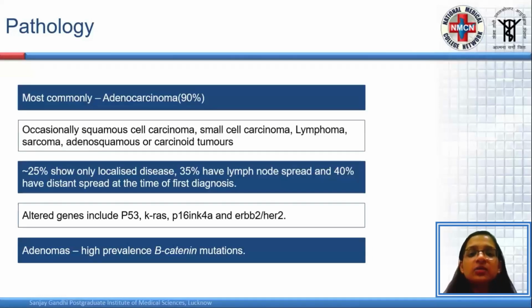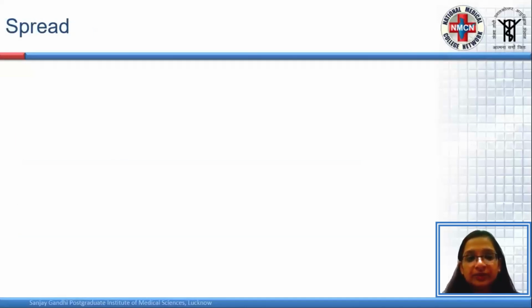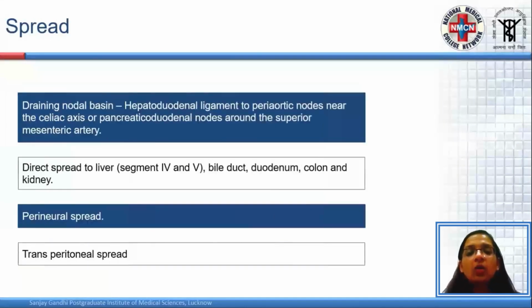It has sometimes been associated with altered gene mutations, which include P53, KRAS, P16 INK4A, and ERBB2 HER2, and adenomas, which have a high prevalence of beta catenin mutations. Now, how does gallbladder cancer spread?